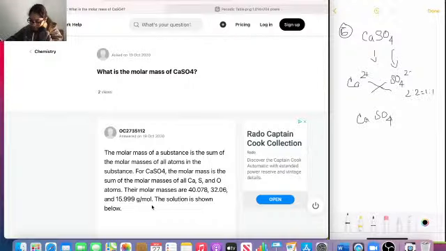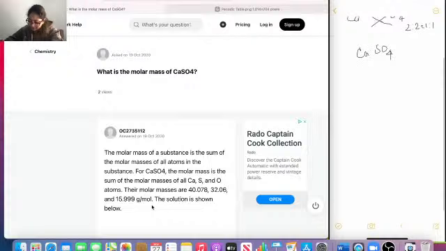So then you have one atom of calcium and one compound of SO4. So this is how you get the chemical formula. Anyways, when you're trying to find out molar mass, CaSO4, first let's break this down into the individual elements.